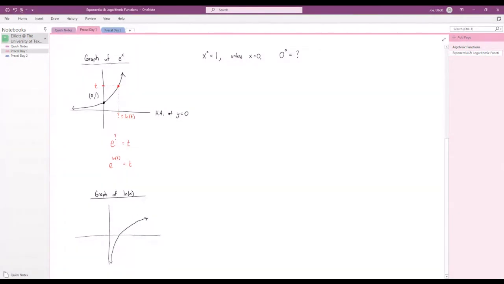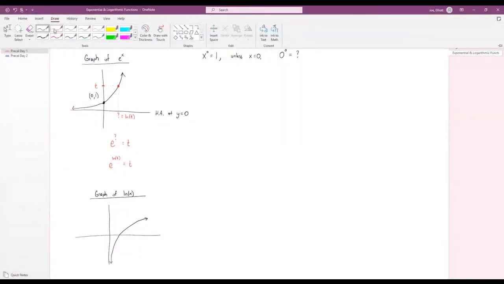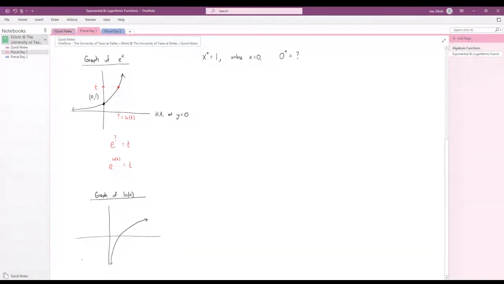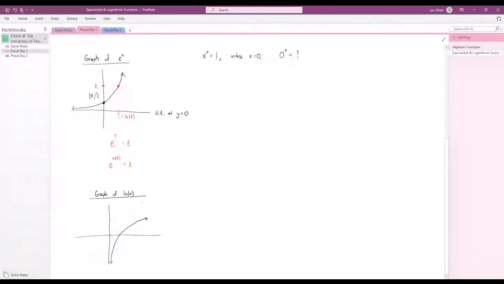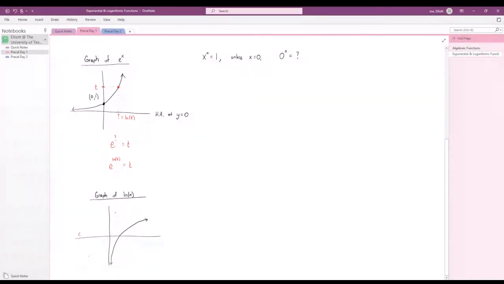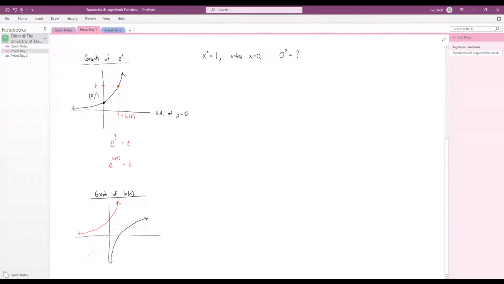It's maybe not super important to know, but I think it's nice to know. The graph of the natural log function happens to be just a reflection of the exponential graph along the diagonal.